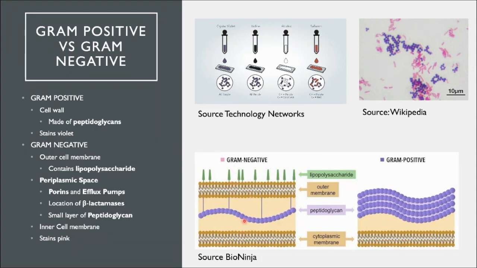This is also where you're going to find beta-lactamases, which break down the penicillins that would normally work against a gram-positive organism. So the keys here are really distinguishing the two, the peptidoglycan layer, as well as some of these elements of gram-negative bacteria that you don't see in gram-positive. Another thing is lipopolysaccharide is only found in gram-negative, and we'll talk about that a little more when we get to endotoxin.